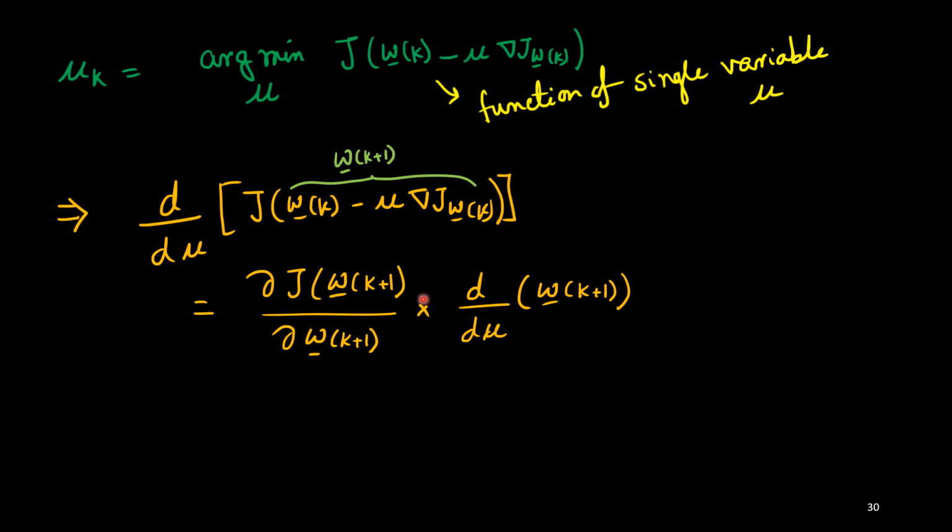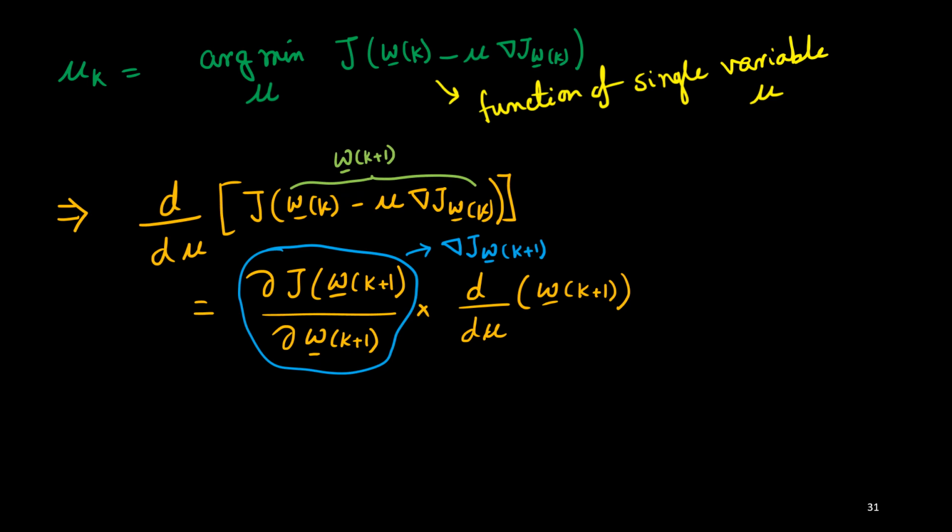And then we can multiply with d wk plus 1 by d mu. That's all that we can do, right? So I can consider this is one variable wk plus 1. So this is nothing but gradient at wk plus 1.